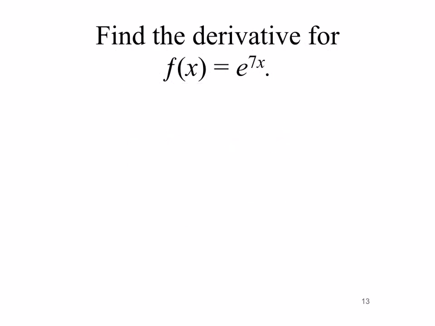So for example, if f of x is equal to e to the 7x, our constant is 7, and so the derivative of e to the 7x would be 7 e to the 7x.